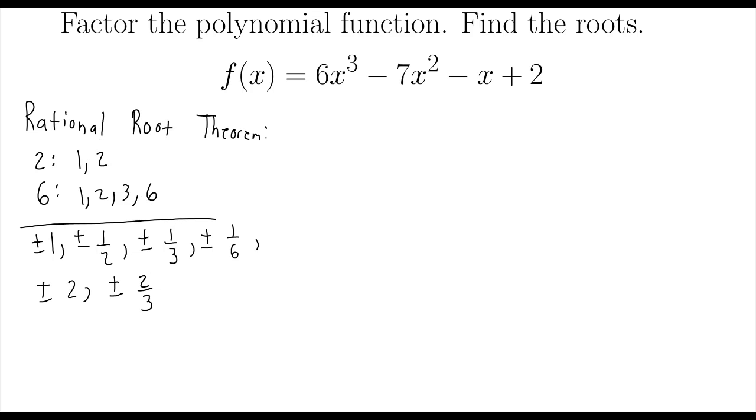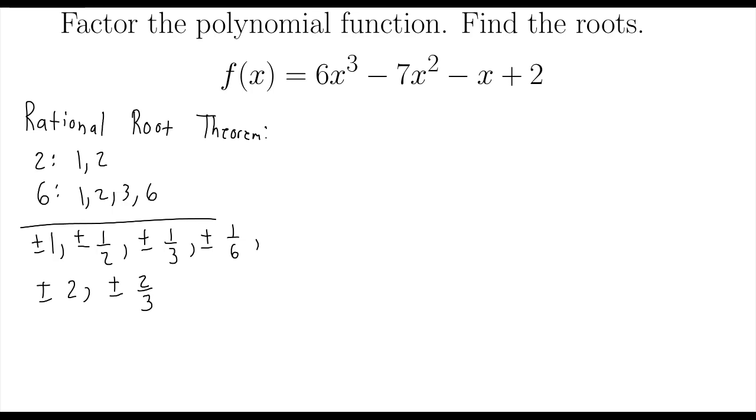Now, to figure out which ones are actually going to be my roots, I'm going to use my calculator to plug in all those numbers quickly. I'm going to type in 6x cubed minus 7x squared minus x plus 2.